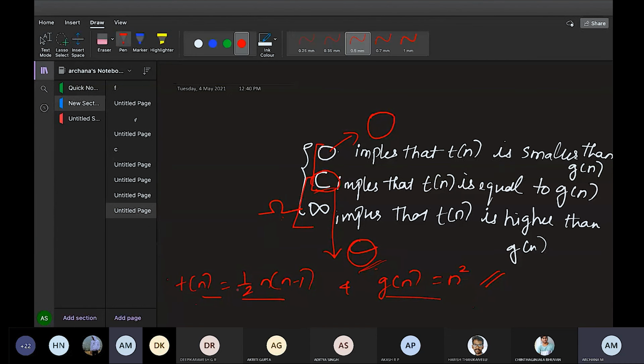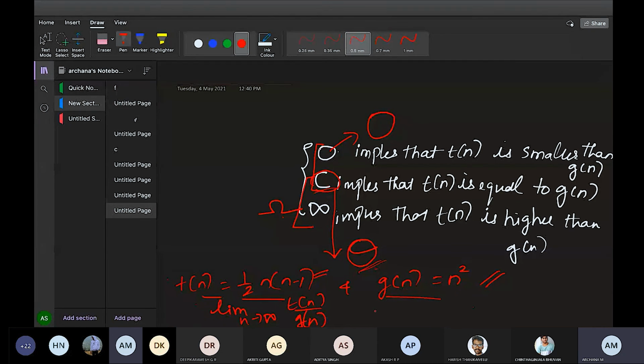We have the formula: limit as n tends to infinity of t of n divided by g of n. Now we have to apply this formula.